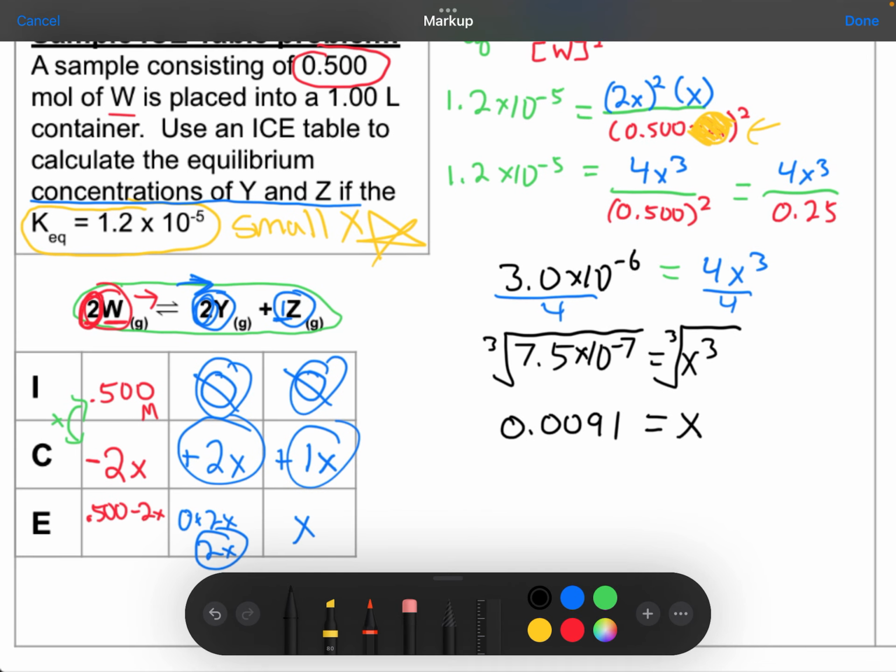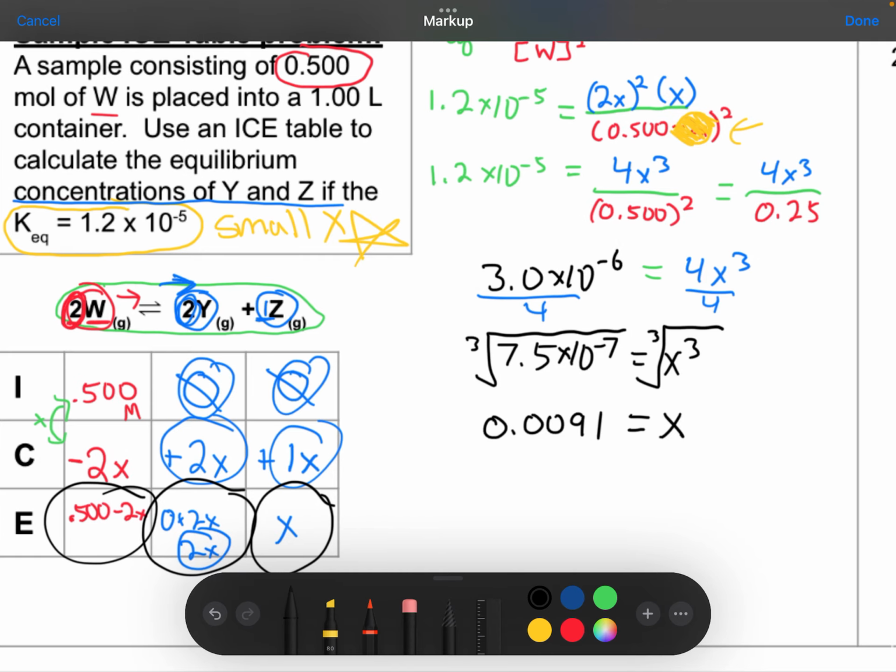Now, that is the value of x, but the problem doesn't want just x. The problem wants the concentrations of y and z at equilibrium. So we need to actually go all the way back over here to our equilibrium concentrations, and we're going to figure out y and z.